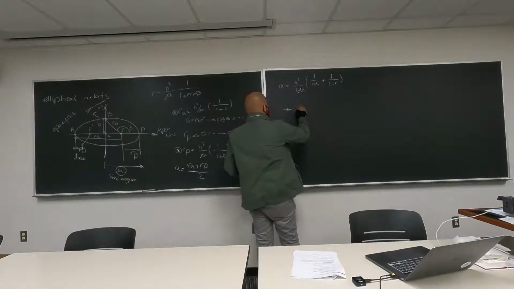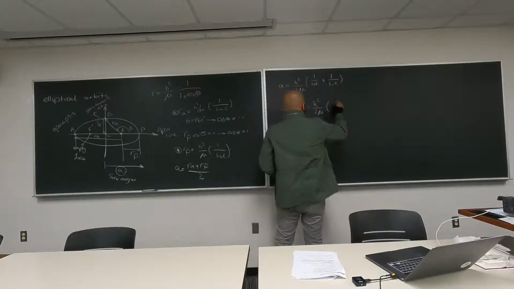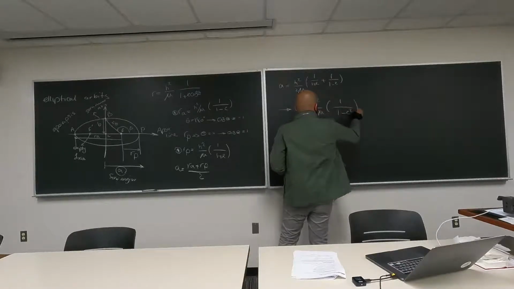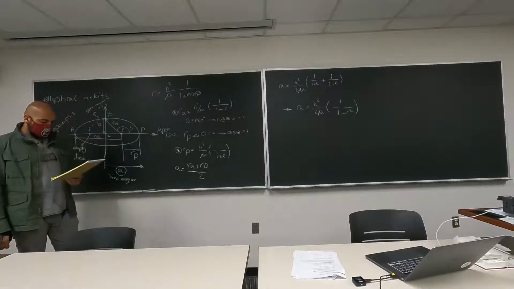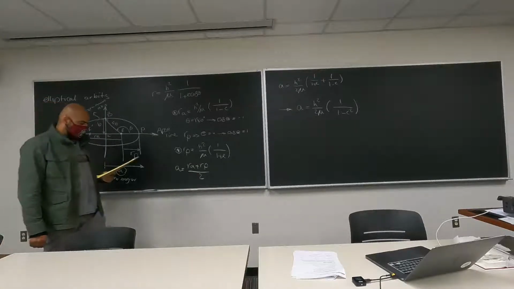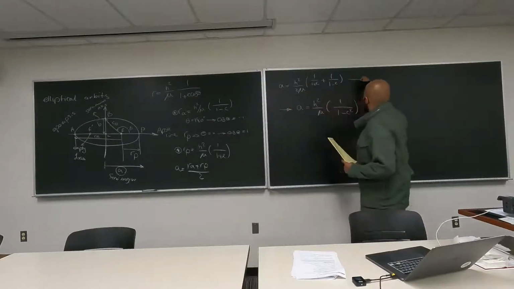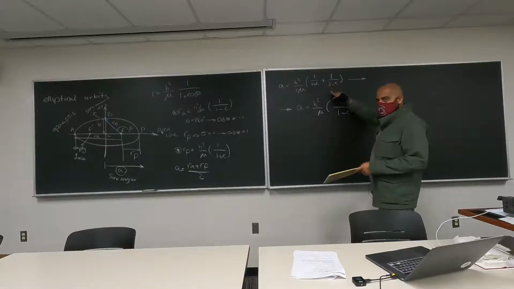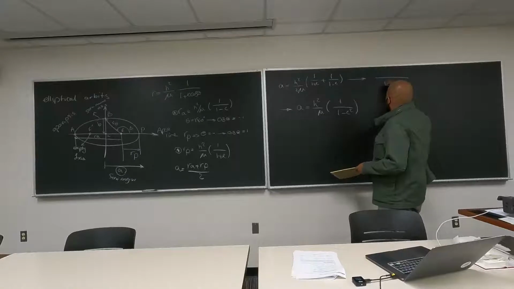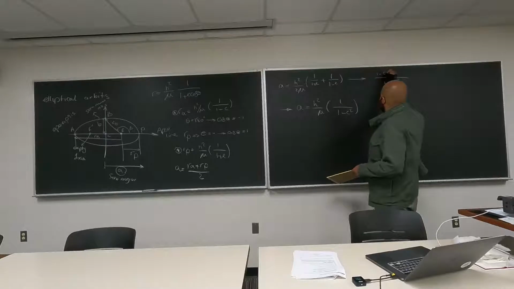Which essentially means that we can calculate this using this equation. The denominator is going to be 1 minus e squared, and there's no 2 here. I'm pretty sure you know how to get from here to the other equation. Multiply the denominators: 1 plus e multiplied by 1 minus e is going to be 1 minus e squared. Then the numerator, we have 1 minus e plus 1 plus e.